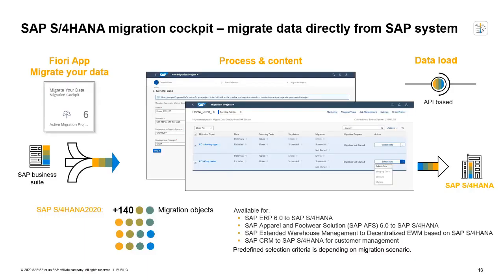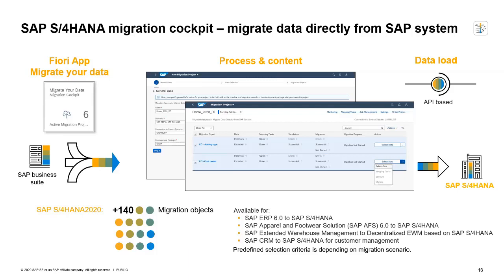So first of all, you start using Migration Cockpit by clicking the Fiori app, migrate your data. You then have the guided process and pre-configured content. As you can see on the screen, there are more than 140 migration objects available for the direct transfer approach.